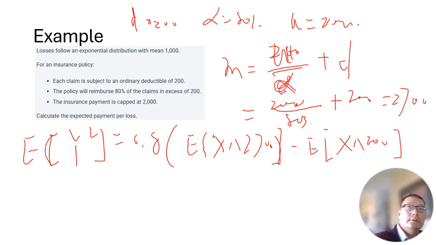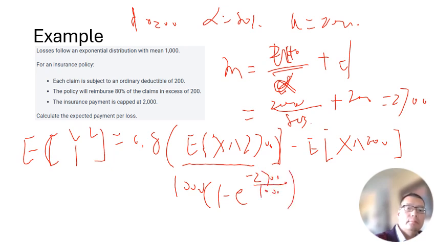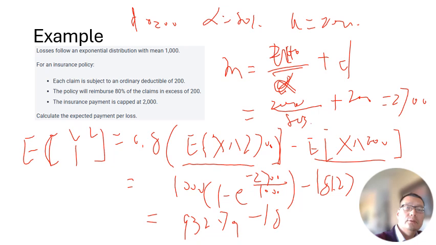And the expected value of an exponential distribution, you can calculate that easily: 1000 times (1 minus e to the power of minus 2,700 divided by 1000). This part will be 932.79, and this part you can calculate the same way. So eventually you will get 601.22.